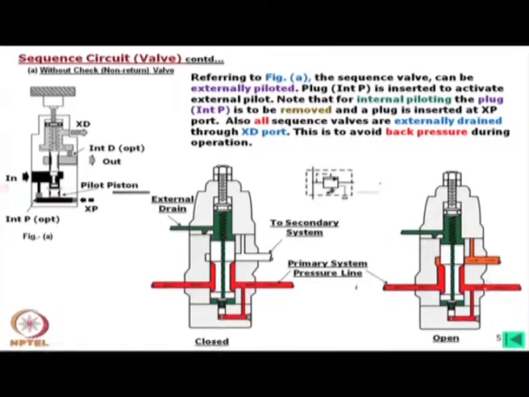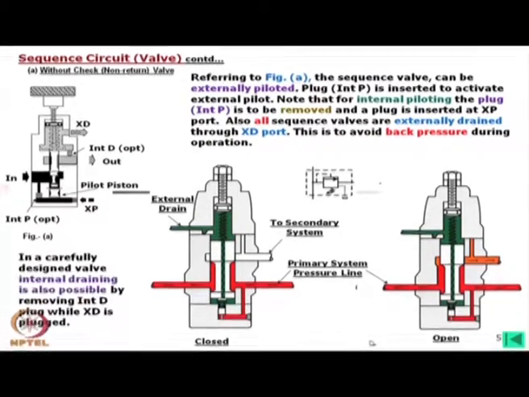In any way it is shown here closed. In a carefully designed valve, internal draining is also possible by removing internal D plug while XD is plugged. We can, this is plugged and we can internal drain, that means we can have this passage connected, it is not shown here.